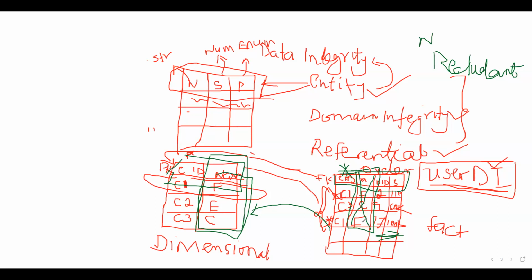So normalization consists of a series of guidelines that helps us in creating good database structure. Normalization guidelines are divided into forms, which is a way the database is laid out.